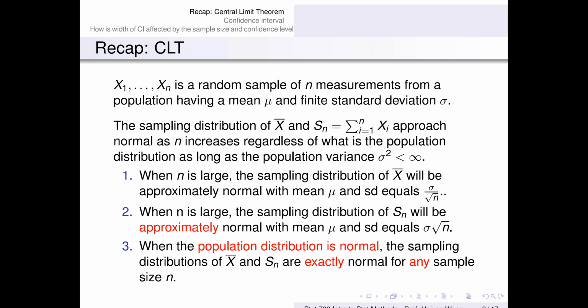If that's the case, then the sample mean x bar and the summation, the total, both of them will have exactly normal distribution, and we do not need any approximation. So their distribution would be exactly normal regardless of the sample size if the population is normal.